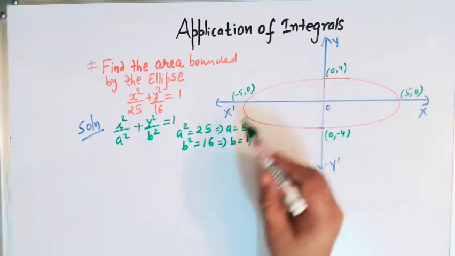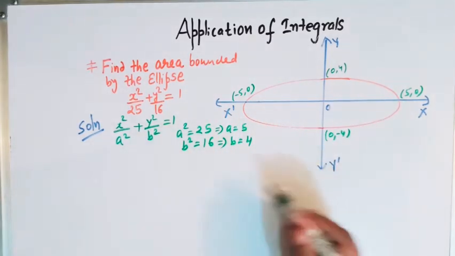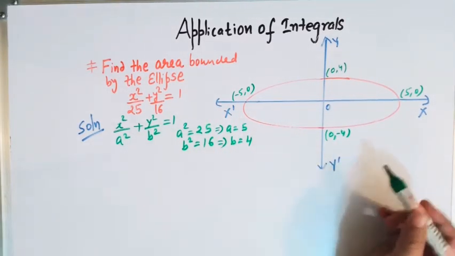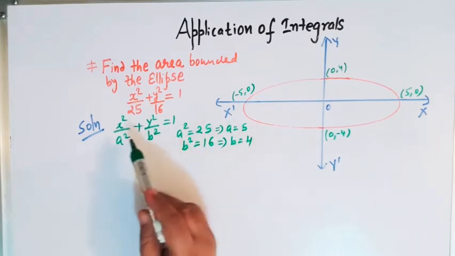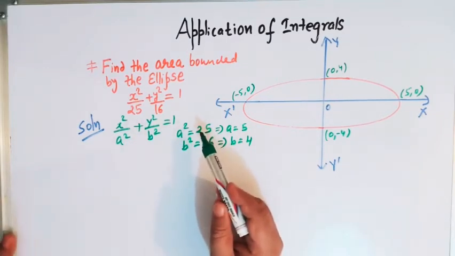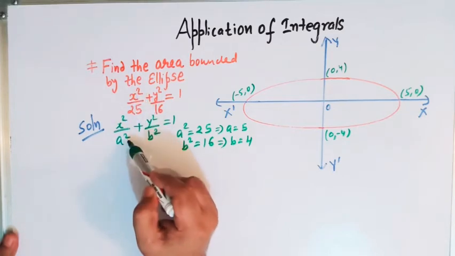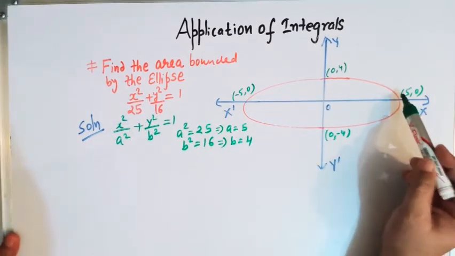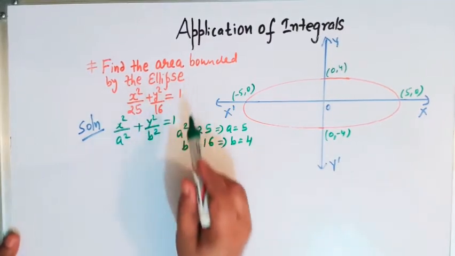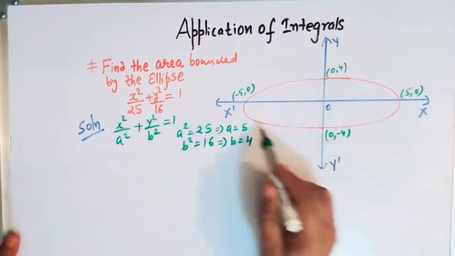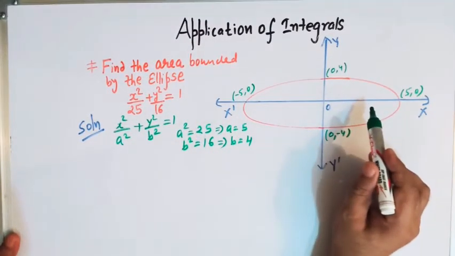We know already these things from our earlier classes, but here just for the sake of revision we are discussing it. So comparing this equation with the standard one, we have these points and we have to find the area bounded by this ellipse, right?